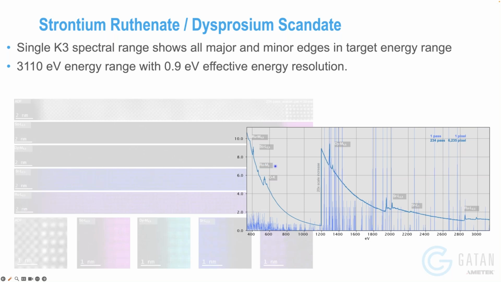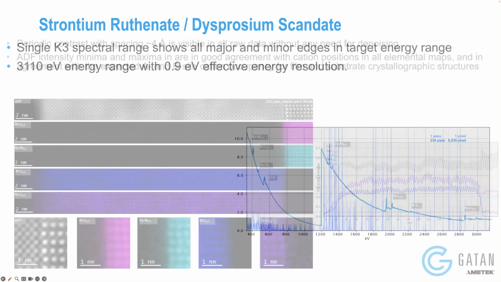We're not doing any kind of multi-range here. And we're getting 0.9 eV effective energy resolution because of the sharp point spread function of the detector. So we're able to do this massive energy range with decent energy resolution. And this would be very adequate for us to do something like ELNES analysis on the oxygen K or any of the other ionization edges in the sample.